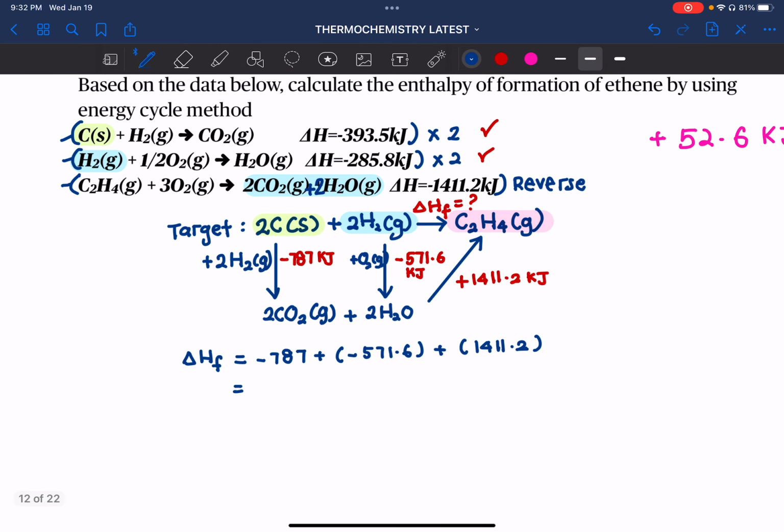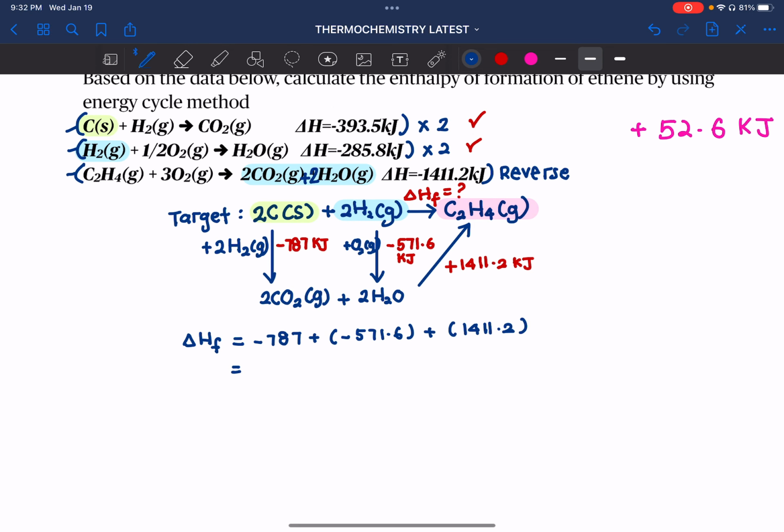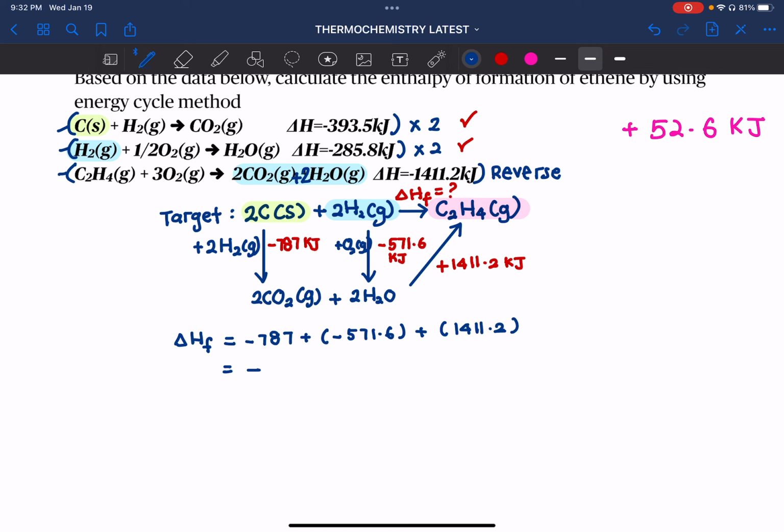Okay, so for this one, negative 787 minus 571.6 plus 1411.2. So you should get positive 52.6 kilojoule.